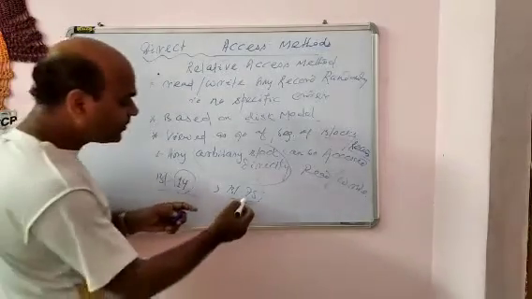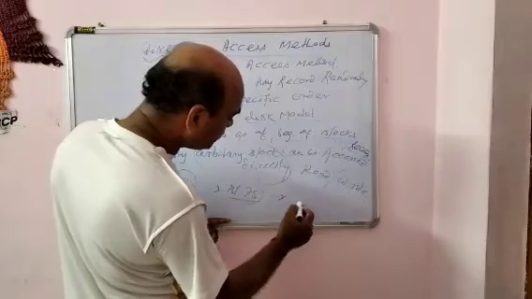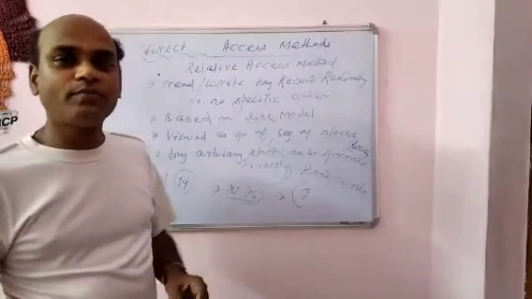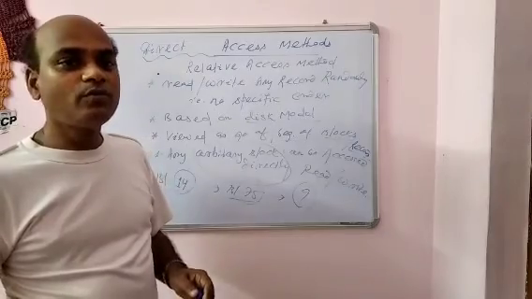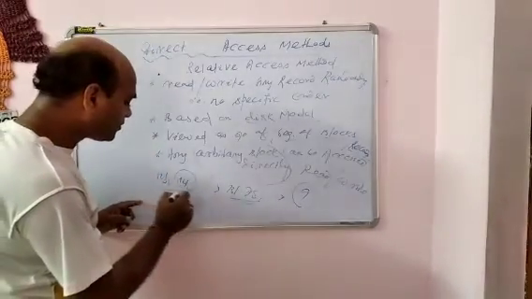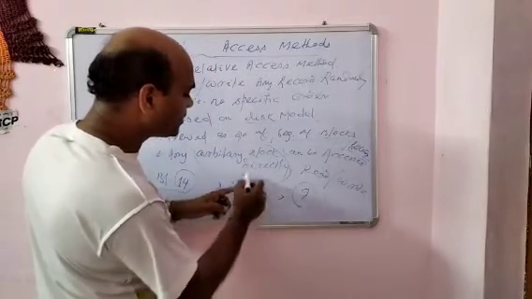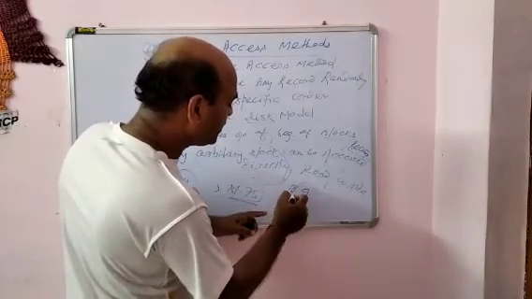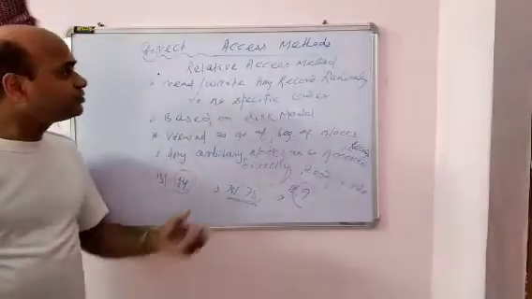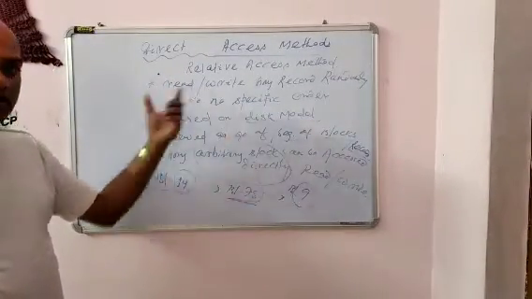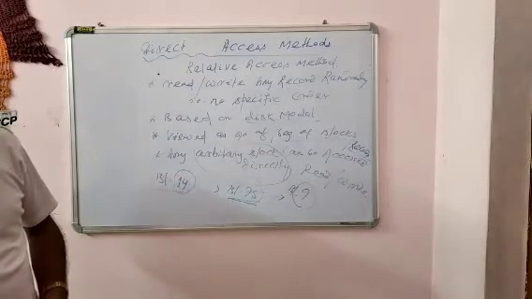Also from 75 we can directly come to record number 9. There will be no problem. So from block number 14 directly we can go to block number 75, and from block number 75 we can directly go to block number 9. So this is random. There is no sequence, no specific order.